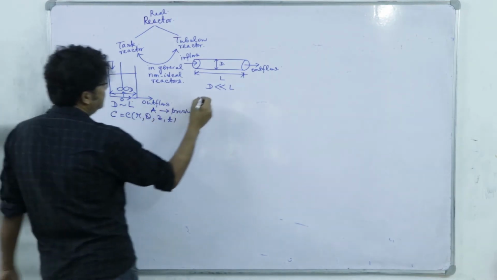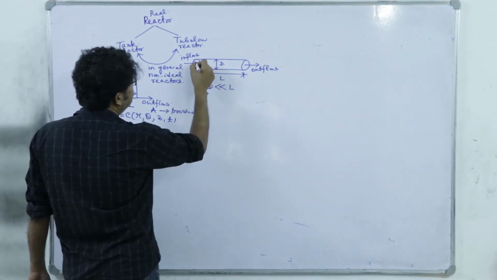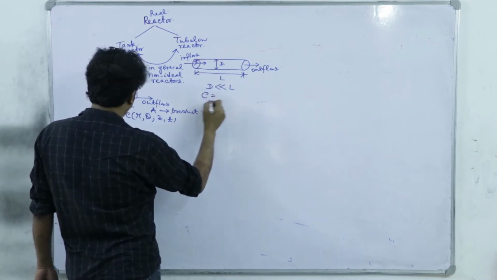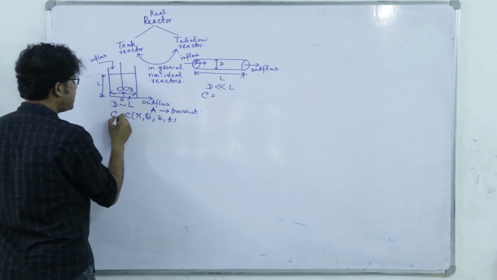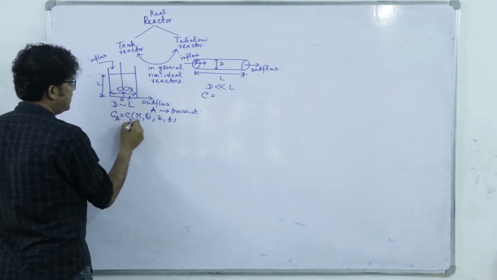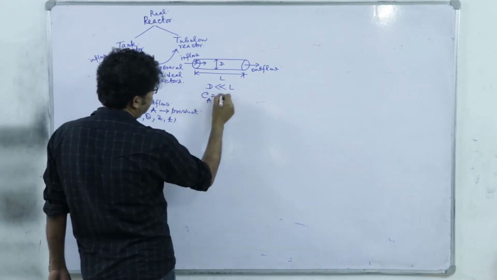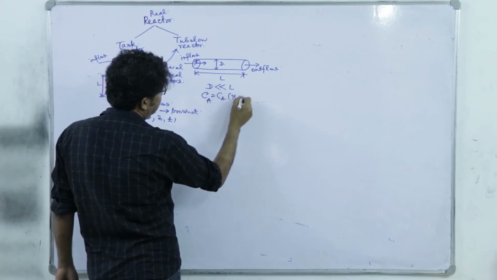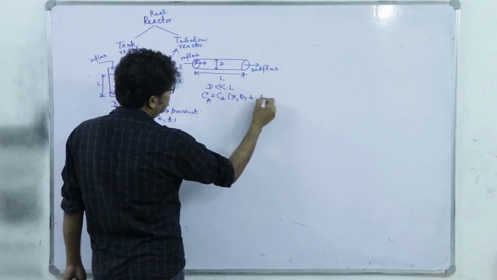And here also, if we fix the coordinate here, the concentration of A is a function of r, theta, z and t.